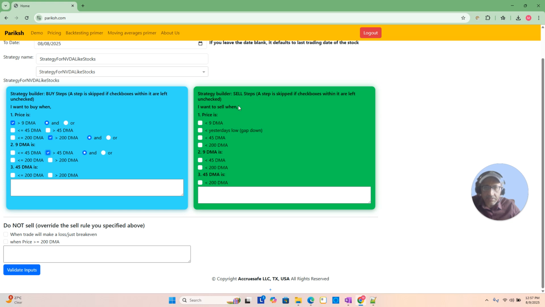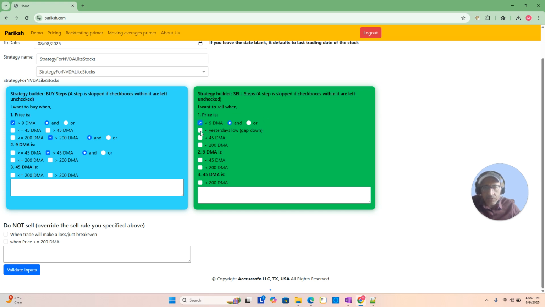Let's go on and define the sell steps. Again, start with the price. If the price is below 9-day moving average, meaning if today's price is lower than the average of the last 9 days, that's a warning signal for me, and that would be part of my sell criteria.